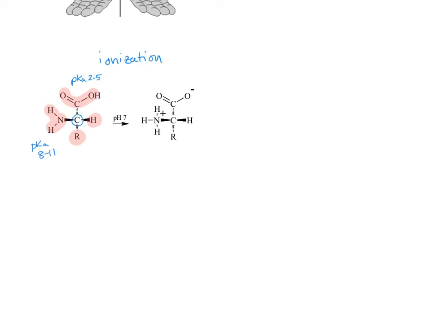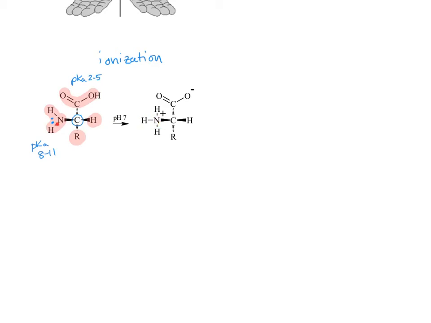I want to make a quick note here, by the way. There's something I'm doing that's not quite technically correct, and that is the pKa of this amine is not really 8 to 11. It's the pKa of the protonated amine that's 8 to 11. Amines can be neutral with a pair of electrons like we see right there, or they can pick up a proton and be positive.